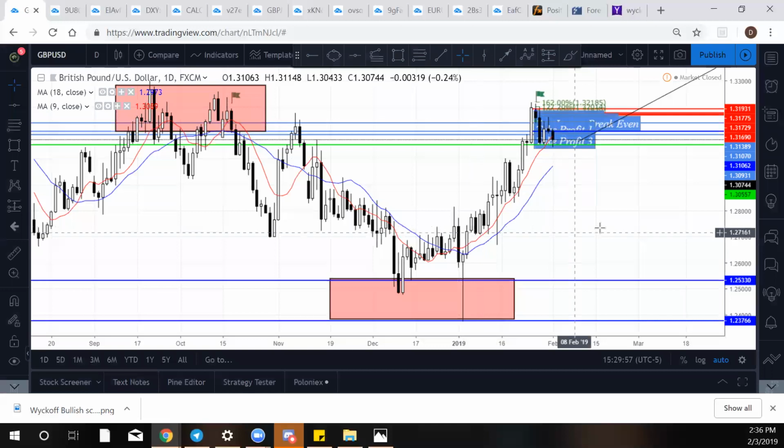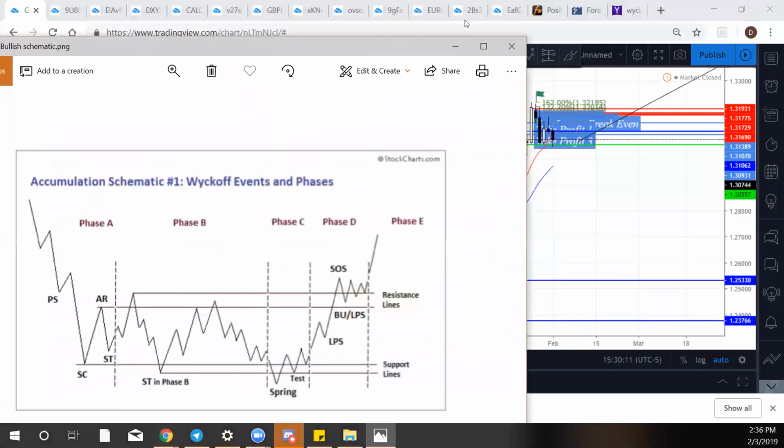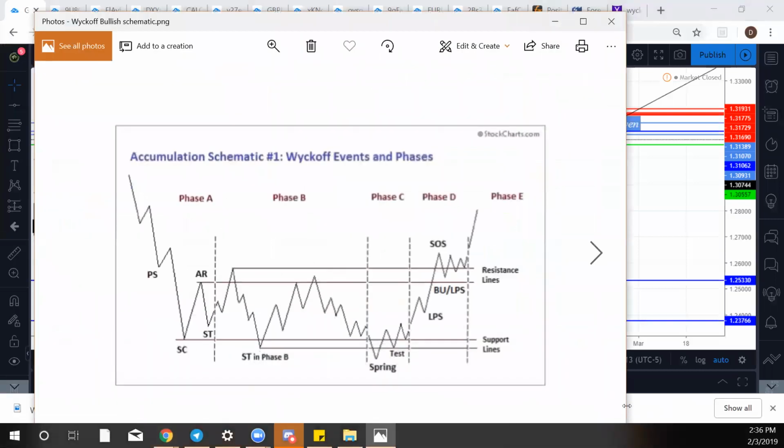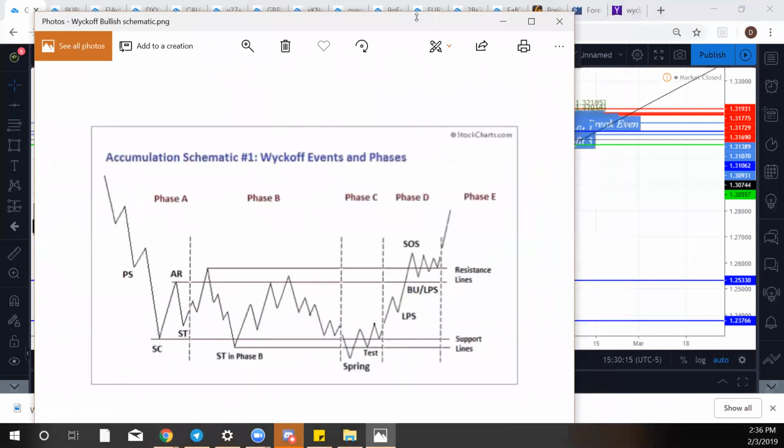So what I was saying, institutional order flow to the upside. We're showing signs of strength in this area, and I can pull up the schematic and compare it to that whole idea.